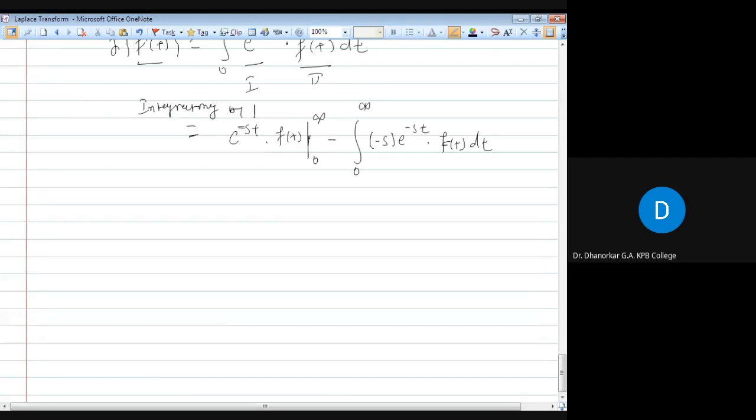Integrating by parts, this is equal to the upper limit. Here this is infinity, so surely the upper limit becomes 0. Upper limit is 0 minus the lower limit. Here this is 0. If I put 0 here, then e raised to power 0 is 1, and the only remaining term is f of 0.